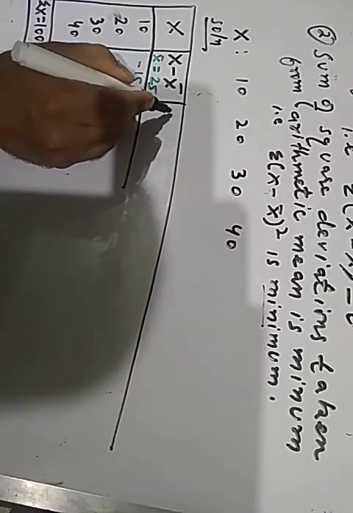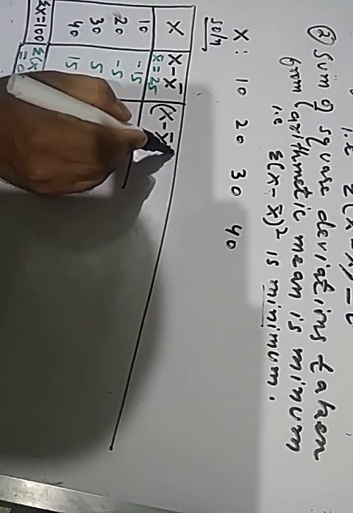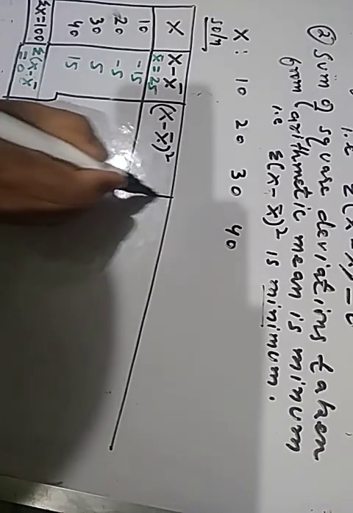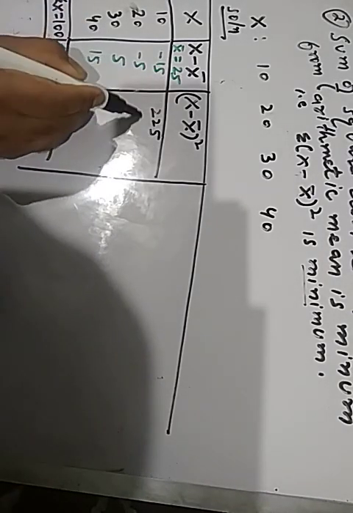Now our next column will be to get the values of square deviations, that is (x minus x bar) whole square, and it will be equal to 15 into 15, 225; minus 5 into minus 5, the square of these values, 25; and 225.